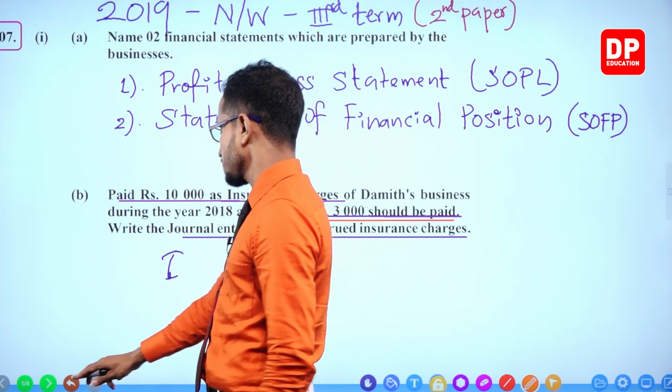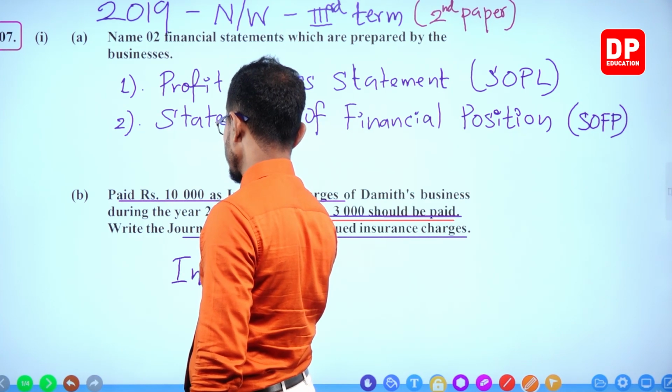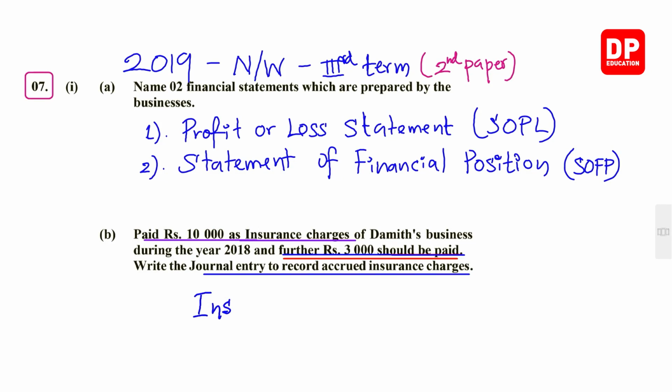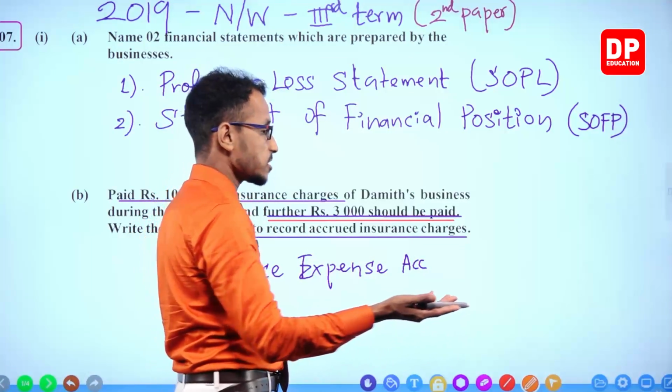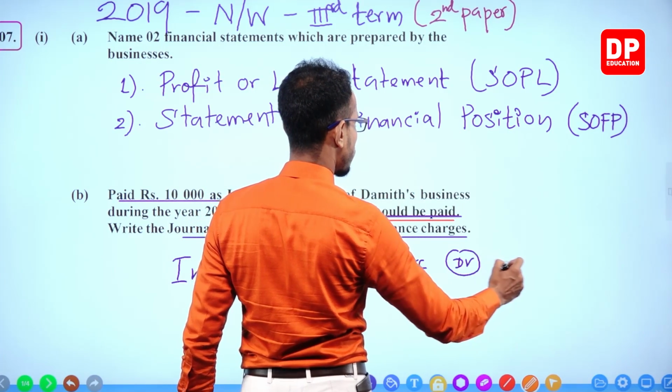Insurance expense. Insurance is an expense. So, insurance expense account should be debited. You know why? Because it is an expense. Insurance expense account should be debited.